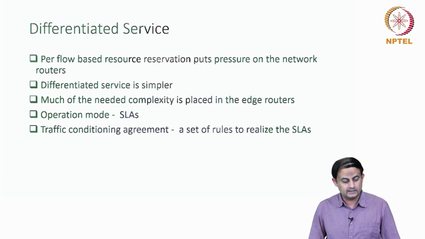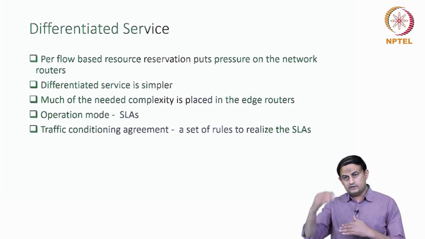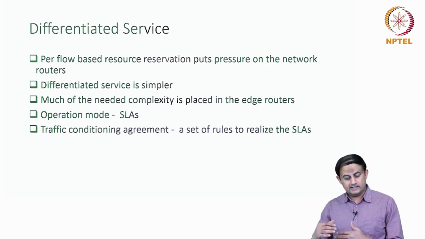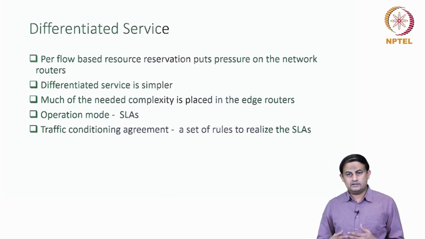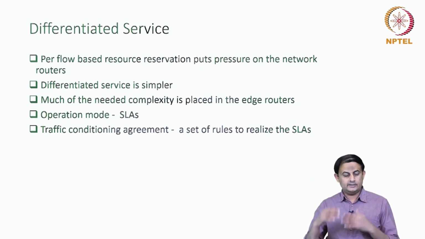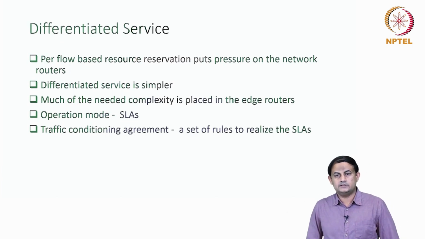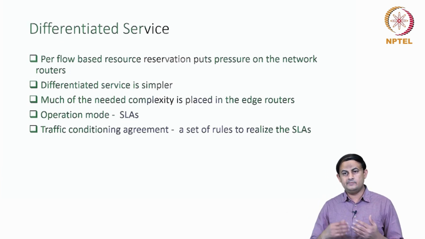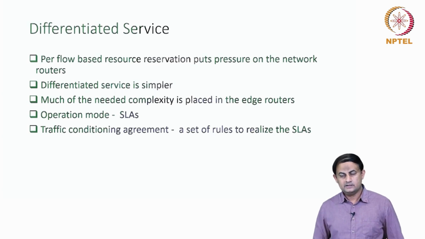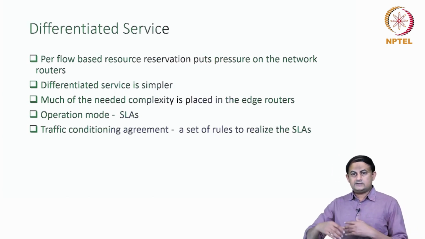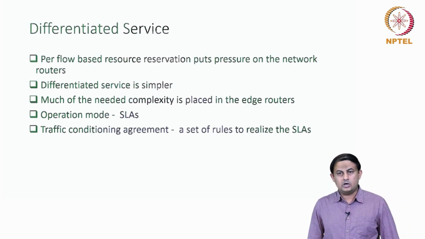That's what the service level agreement looks like. And in order to realize this service level agreement, there are certain rules defined. That set of rules is called traffic conditioning. That's an agreement between the end user and the service provider. So that's how the differentiated service operates.